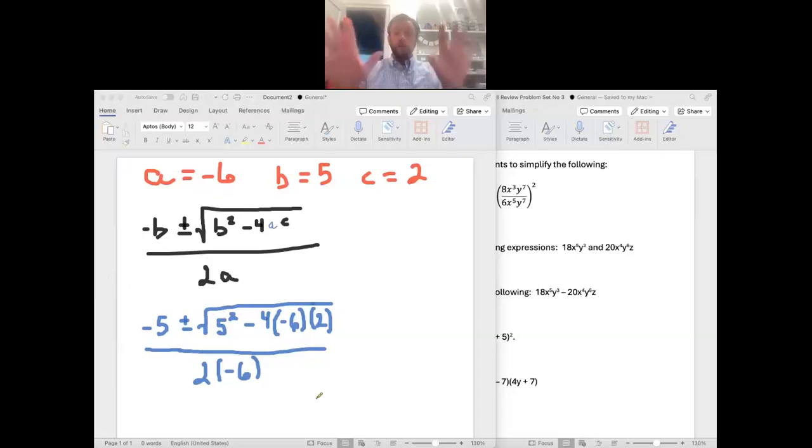All right, all we did was plug in the values. So identify your a, b, c, plug the values into the quadratic formula, and now what are we going to do? Start putting things together.